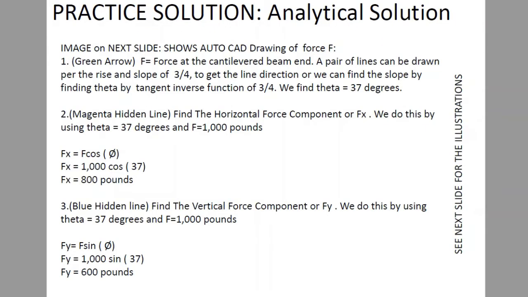So let's take a look at the practice analytical solution. The image on the next slide will show us the AutoCAD drawing of force F. Shown in the green arrow, we see force F, which is at the cantilevered beam end. We have a pair of lines that can be drawn per the rise and a slope of 3/4 to get the line direction.